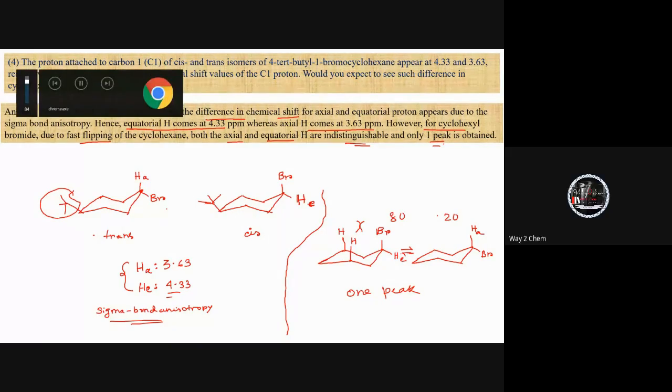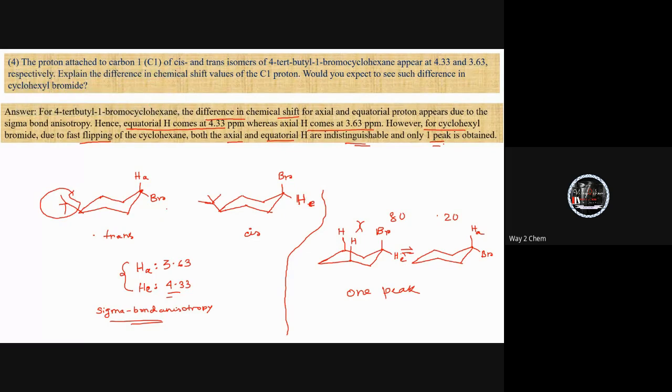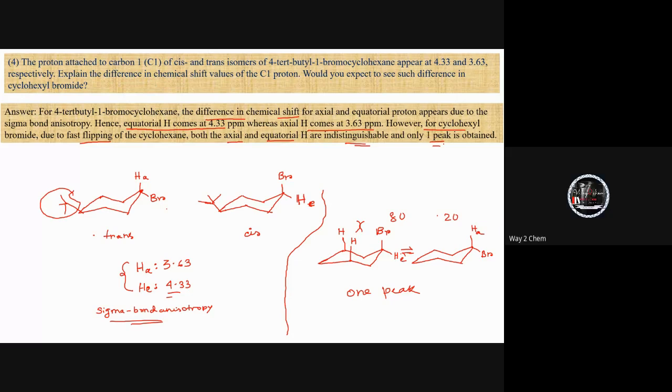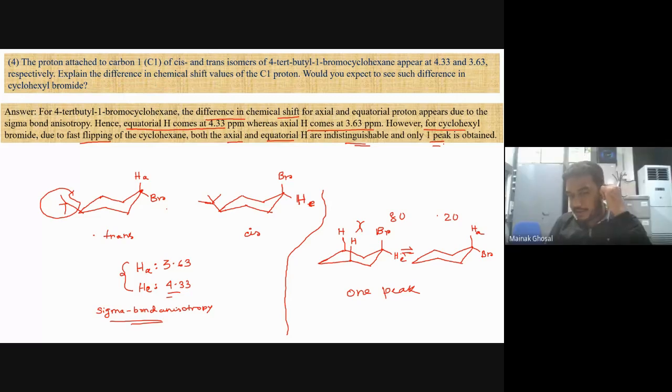In the second picture, at low temperature, there may be two different peaks. Sorry, I cannot get your question. These conformational changes happen at high temperature, but what happens when the temperature is low? Are you asking about low temperature? Yes.